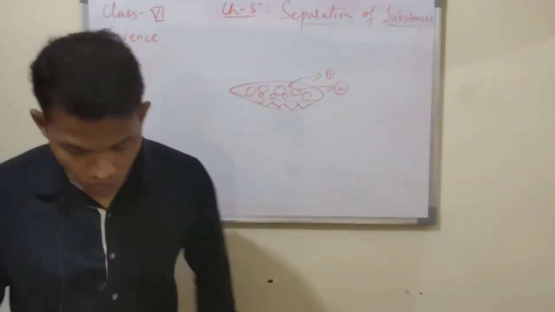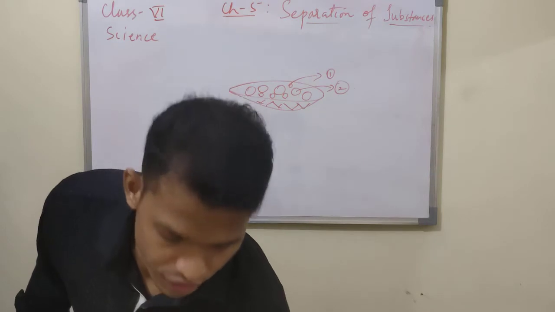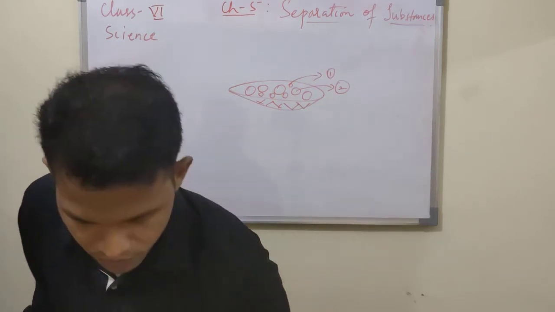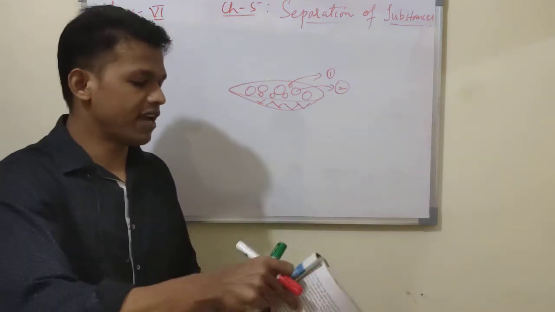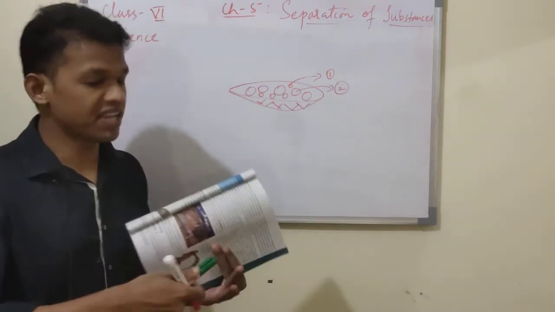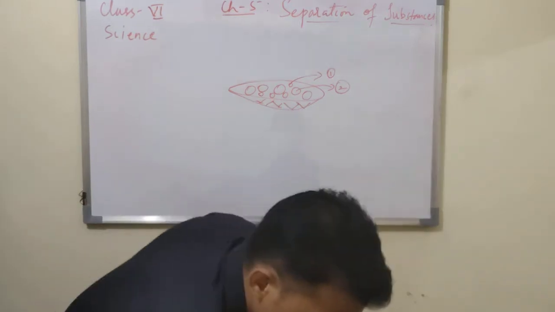In column 1 of table 5.1, if you look into the book, what is given? Make sure you correct it in your book.